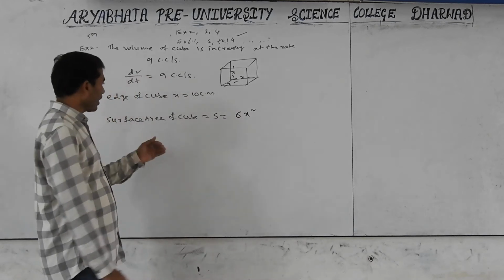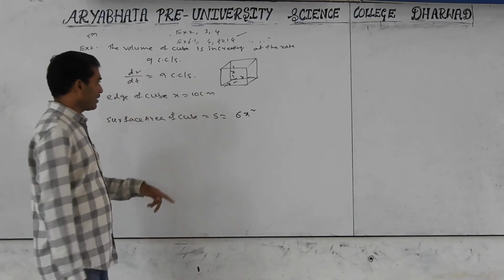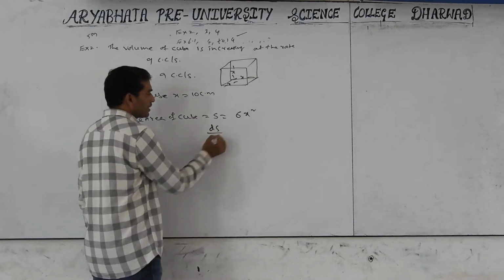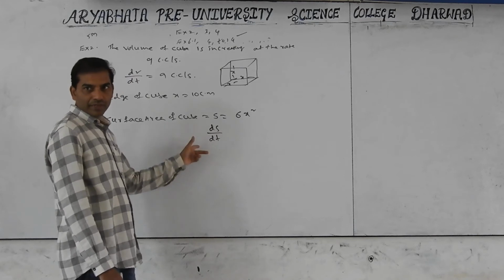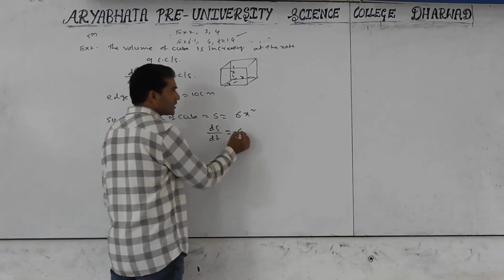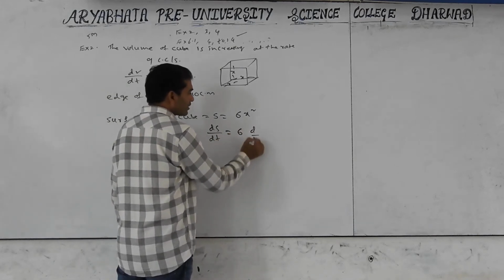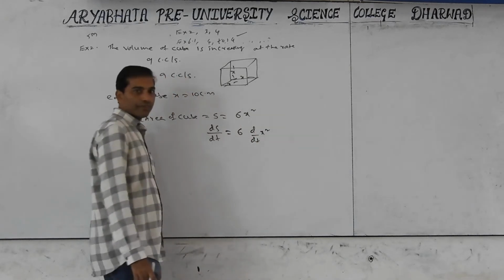Now we are going to find how fast the surface area changes, meaning dS by dt. dS by dt equals 6 into d by dt of x square.